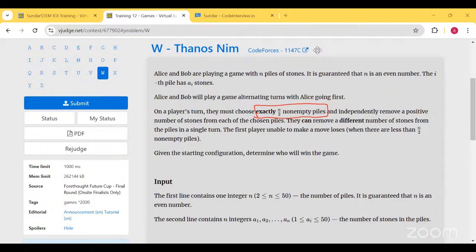All right. Then do you know how to win the game? What is the strategy to win the game?